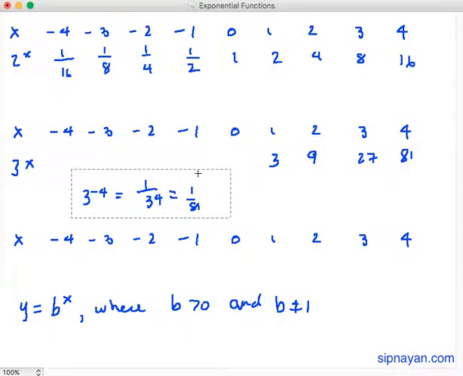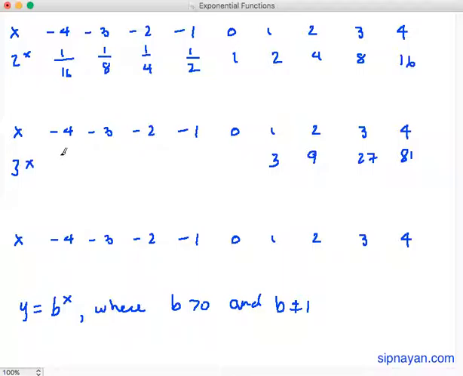Ibig sabihin, ang mga nandito ay reciprocal ng mga nandito. So, this is the reciprocal of 81. That's 1 over 3 to the 4th. Ito ay 1 over 3 to the 3rd. Or, idiretso na siguro natin ang 1 over 81.